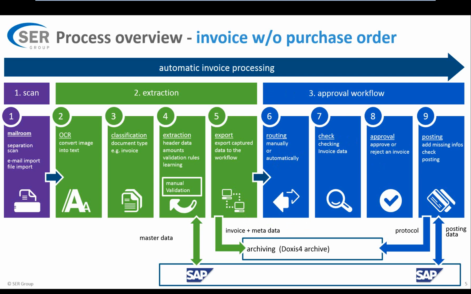That means some responsible person, maybe for the cost center, or someone is responsible because of the amount. Maybe there are some amount limits, so that a supervisor is responsible for invoices above 10,000 euro or something like this.